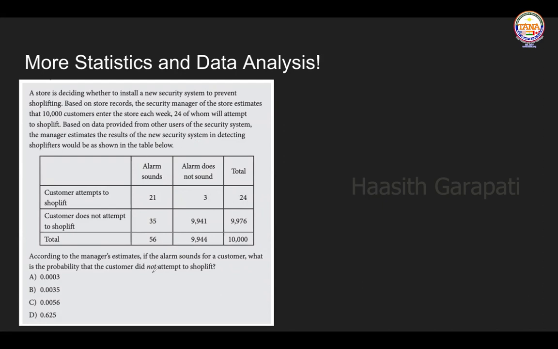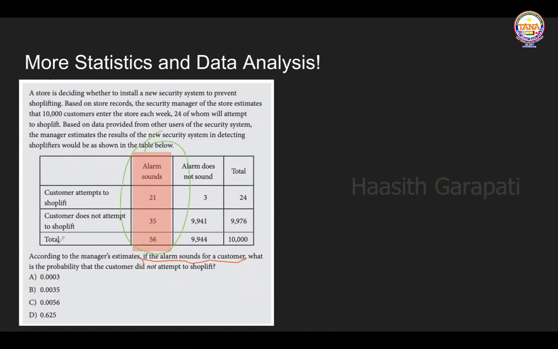What I mean by that is it says, if the alarm sounds for a customer, so if they're saying, if this happens, like assume this happens, that means we have to look at this box only. If the alarm sounds for a customer, what is the probability within this box that the customer did not attempt to shoplift?